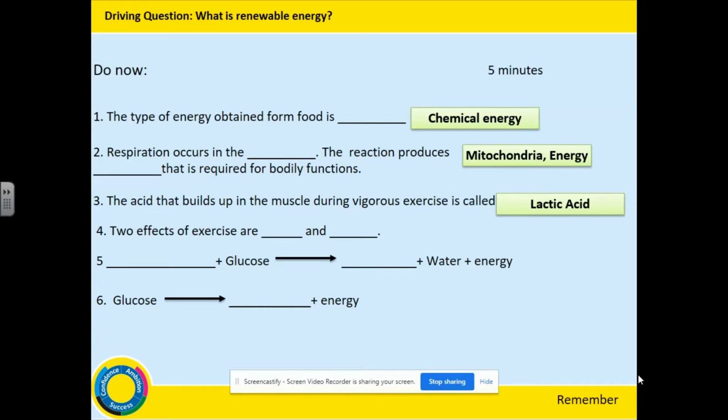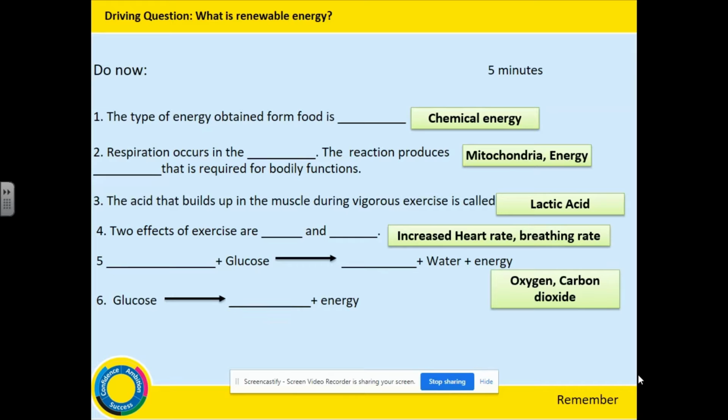Question 4. The answers are two effects of exercise are increased heart rate and breathing rates. However, if you had written them the other way around, you would have still gotten the marks. Number 5. The answers are oxygen and carbon dioxide. Number 6. The answer is lactic acid.